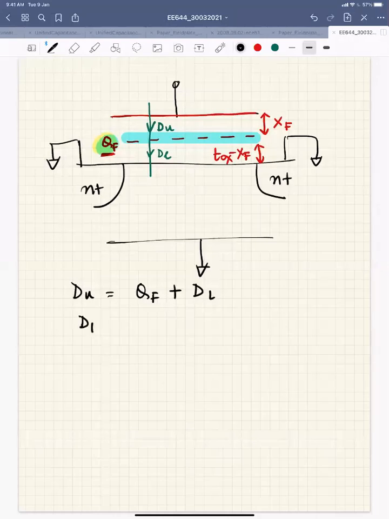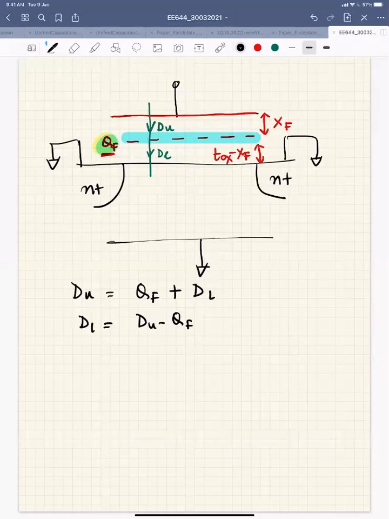And your dL, because the flux line means the lower part of this QF, is nothing but dU minus QF, right? So because of this negative, okay, all right.